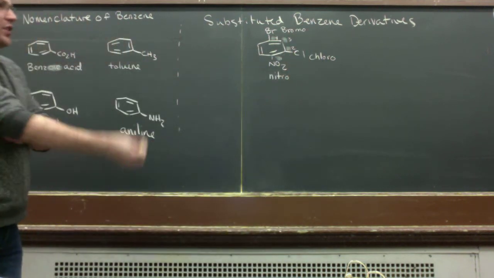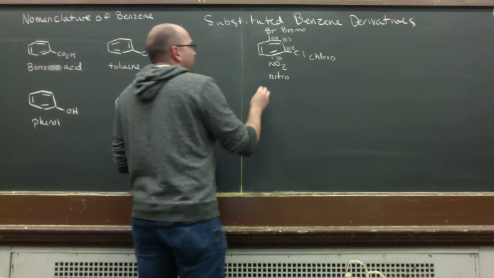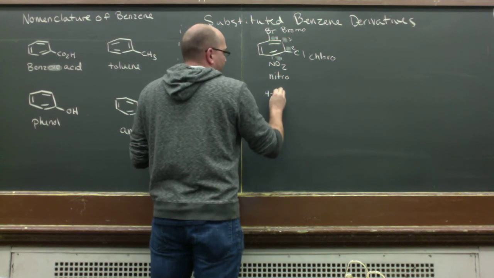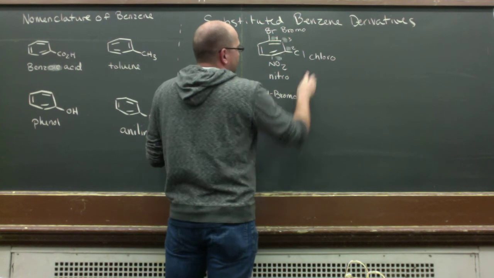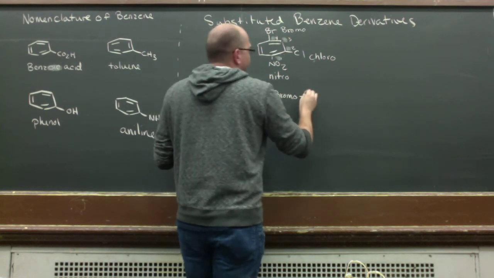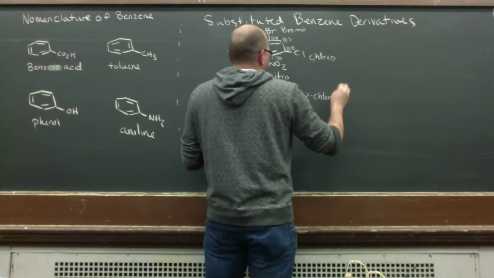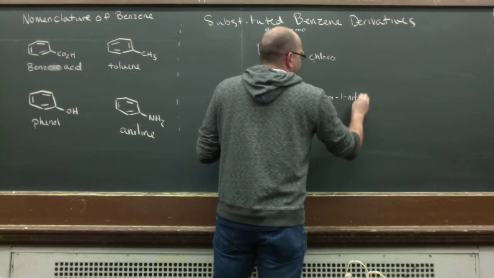In this case, one of the ways that you can name it would be 4-bromo, chloro, C comes before that, so 2-fluoro, 1-nitrobenzene.